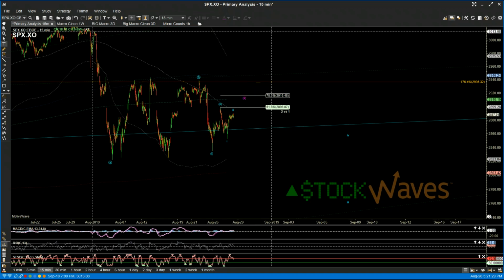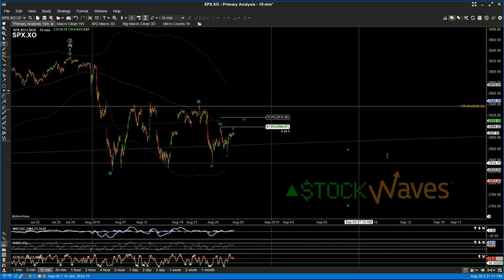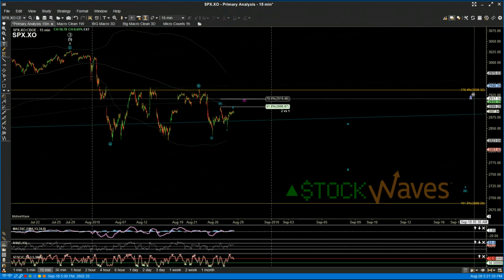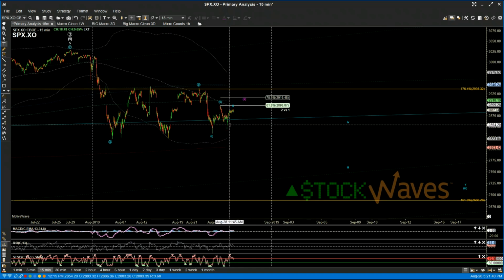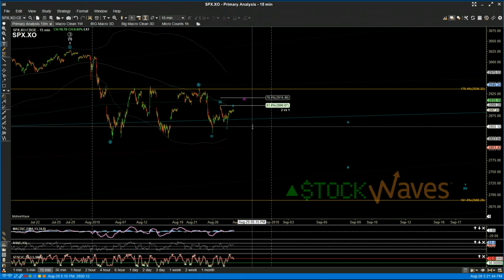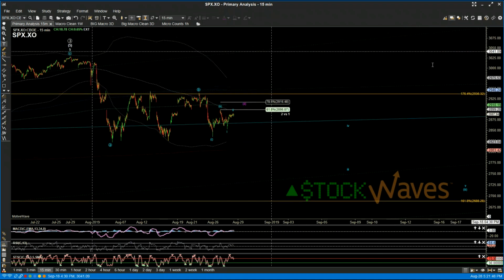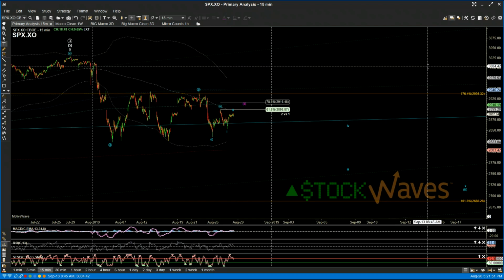But that's kind of a good way of looking at those smaller degrees and trying to parse out and see, if you're somebody who is frequently trading small intraday moves, then you need to become more well-versed with Elliott wave so that you can use our larger time frame charts for a broader context and start applying your own Elliott wave to those smaller degrees, so that you can take a look at those moves.